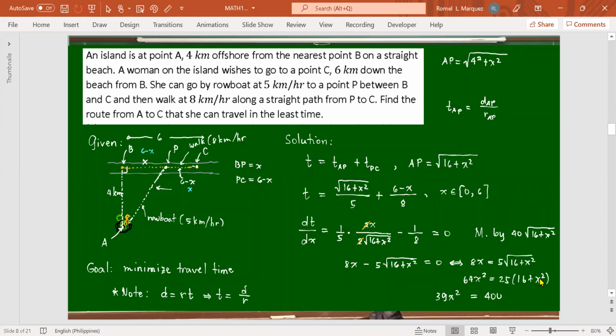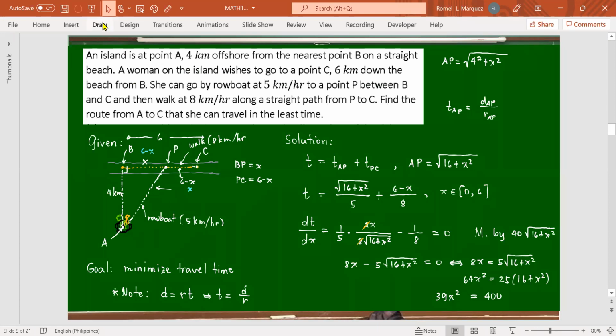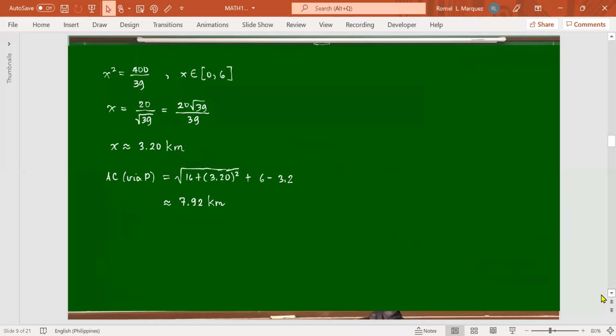Ang mangyayari lang, yung value nito mapupunta rito, at tinotal mo 7.92 also. Okay? Hindi naman ibig sabihin compulsory to have your x here. You can have your x here depending on what you want. Any question?